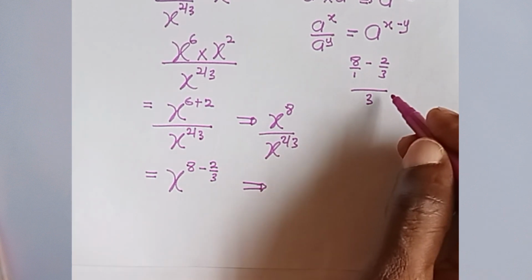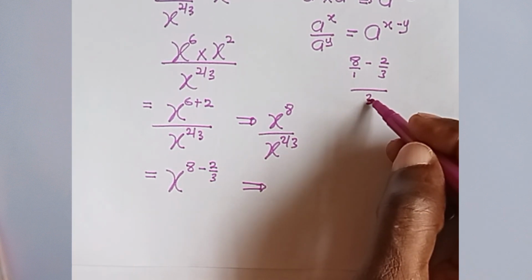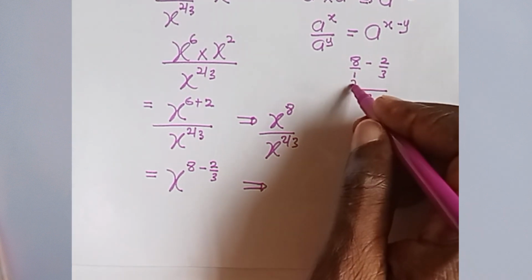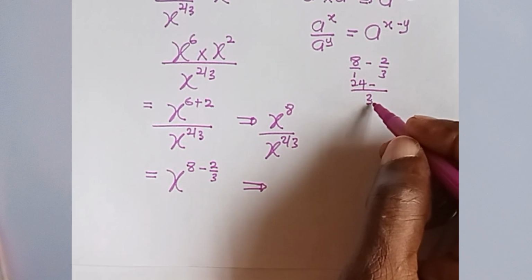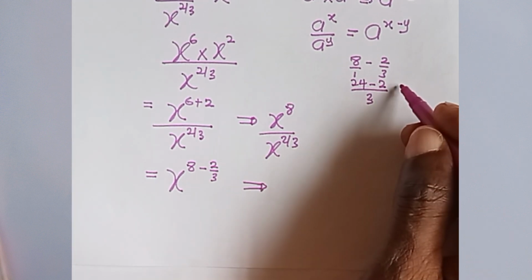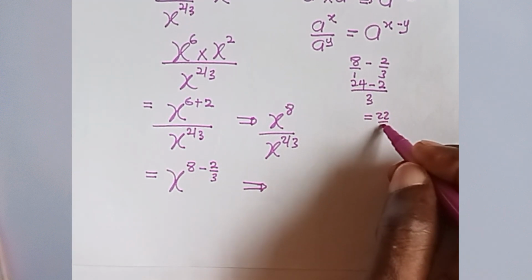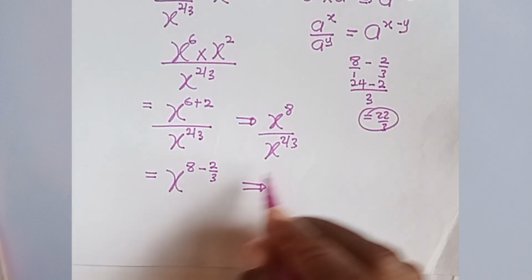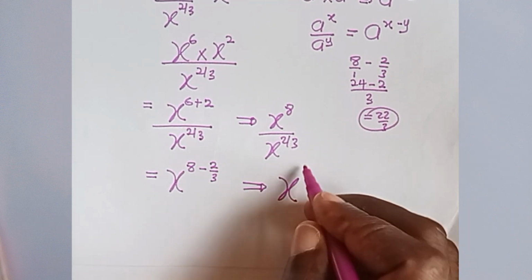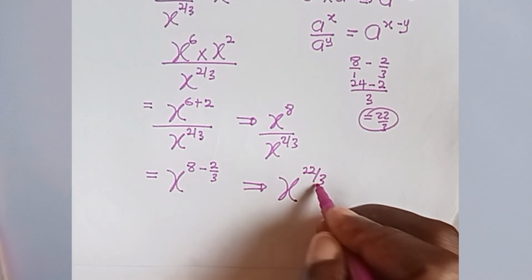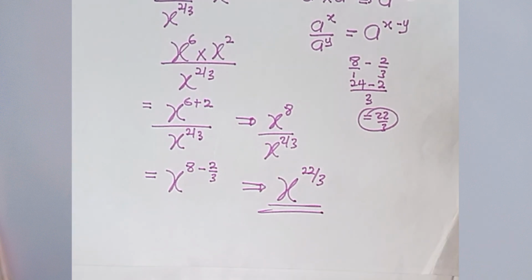We have 3 as our LCM. How many 1 can we see in 3? Is 3 times 8, 24. How many 3 can we see in 3? 1 times 2 is 2. So what do we have? We have 22 over 3. Right, so we have x raised to the power 22 over 3. This is the final answer in exponential form.